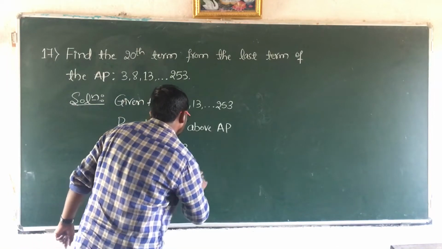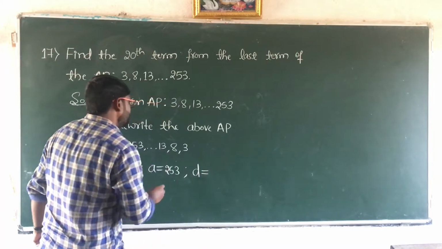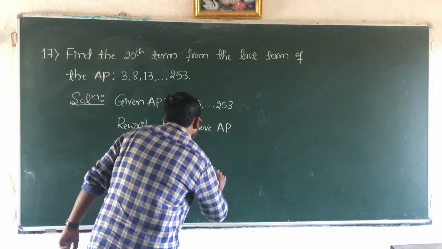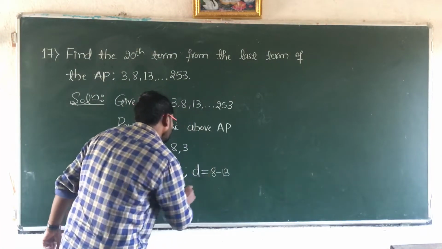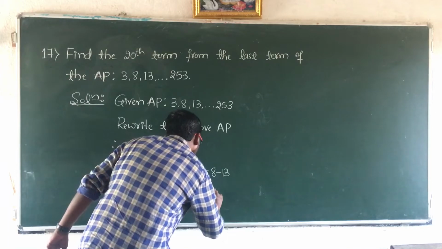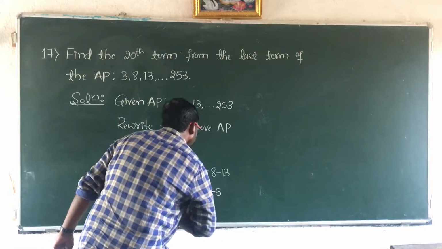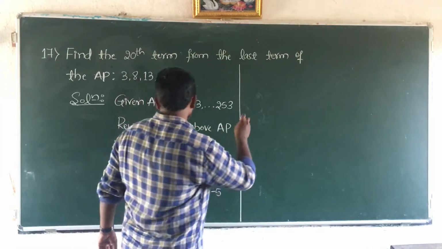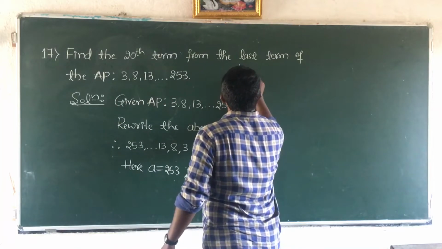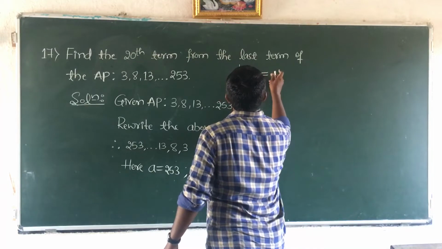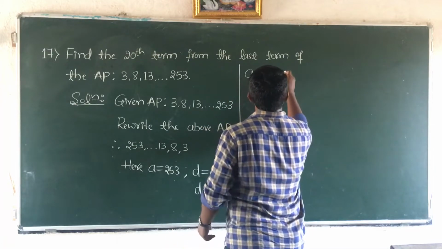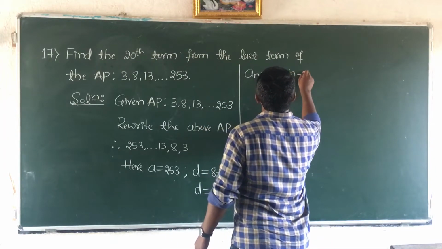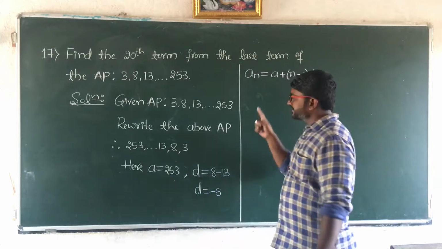D is equal to 8 minus 13, so D is equal to minus 5. Let us apply the formula: A N is equal to A plus N minus 1 into D. This is the standard formula.